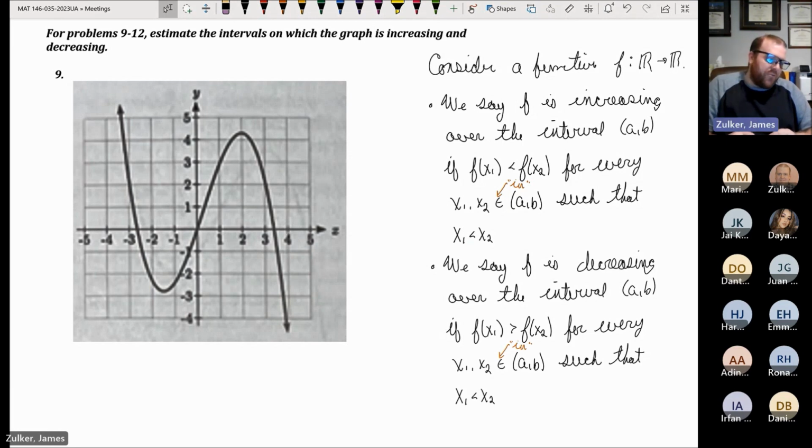So we're going to look at this graph and estimate intervals on which it's increasing and decreasing. The best we can do is get an estimate. We can never say for certain just from a graph that these are the exact intervals, because graphs are not necessarily drawn to scale.